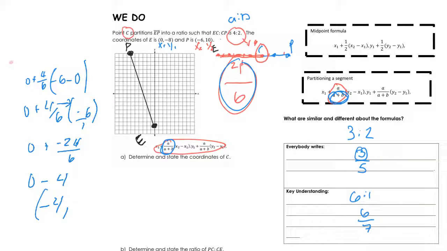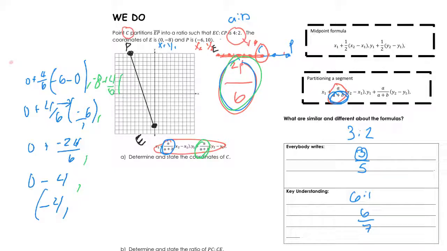Then I'll do my y-coordinate. I would do it right next to it, but I feel like I'm going to kind of run out of room, but I'll do my best here. So y1 is negative 8 plus my fraction a over b, or a over a plus b, is 4/6.